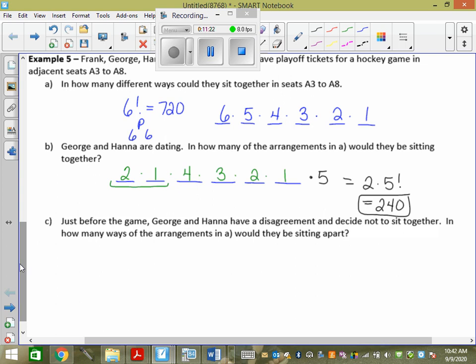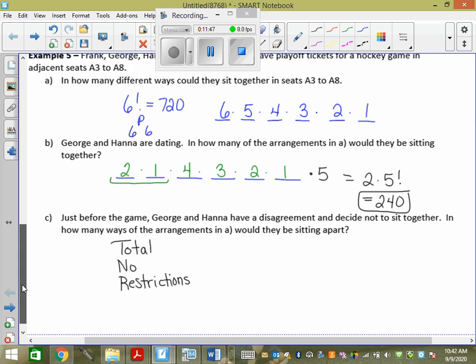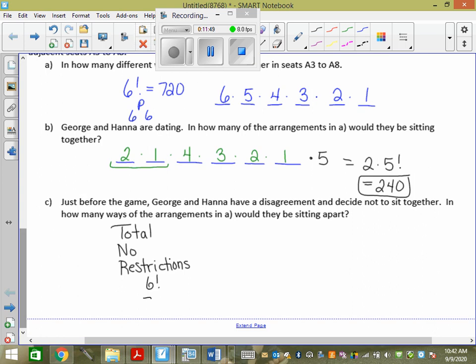What's the total ways we can arrange them? 720, we did above, right? What are the total ways we can put them together? 240. Did I set you up for this? Yes, I gave you all the numbers, right? So total, no restrictions, was 6 factorial, or 720, right?